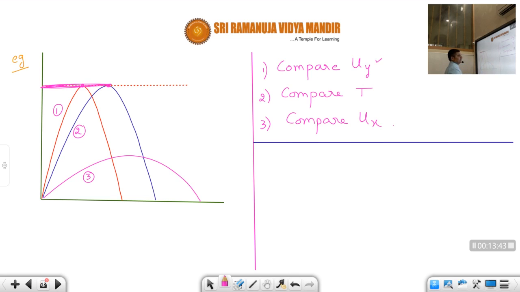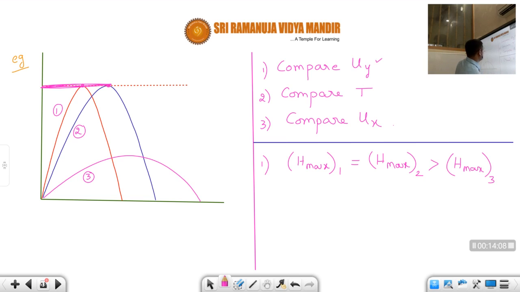So the maximum height for first projectile is equal to the maximum height for the second projectile, which is greater than the maximum height for the third projectile. I can write this relation just by seeing the diagram.